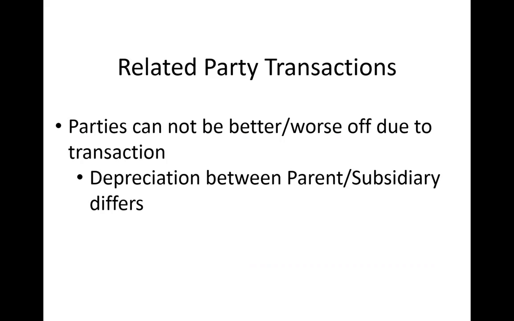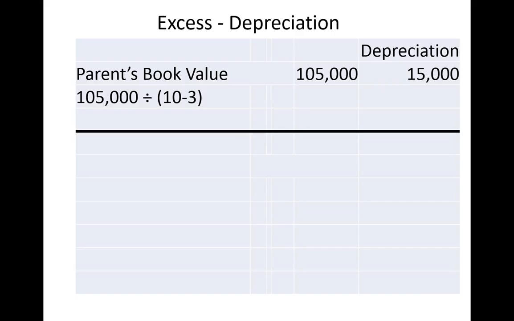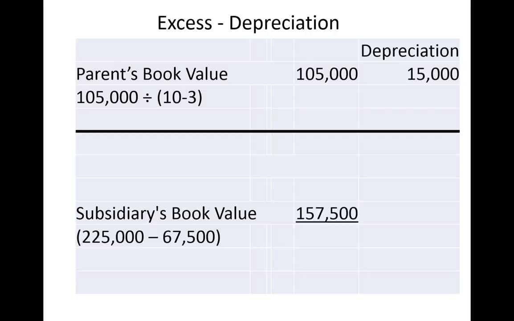Now remember that both parties can be no better or worse off because of the transaction. So the depreciation between the parent and the sub differs. The parent's records show a value of $15,000. The subsidiary was depreciating it at $22,500.